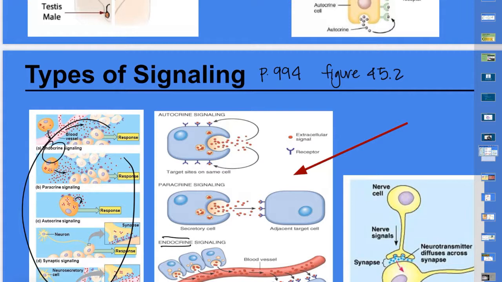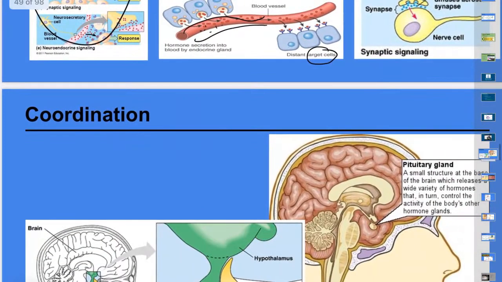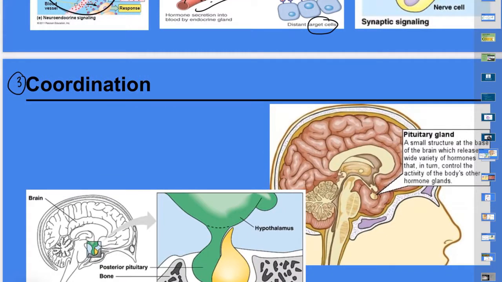For example, you can start with endocrine signaling, since that's what your book does, and draw a couple of cells, then show the bloodstream, which is how the signaling molecules are sent, and then show the labeled target cells that are far away, and so on and so forth. Do that, and then you can come back to the video.